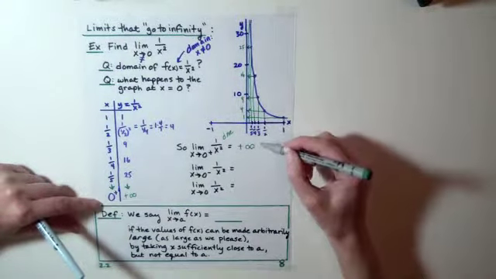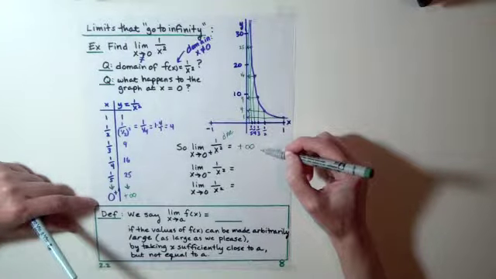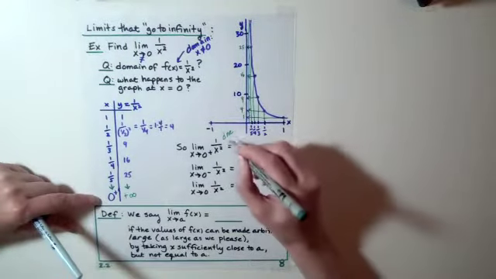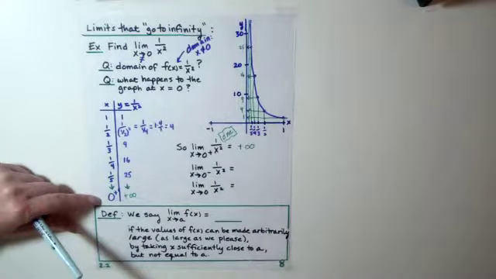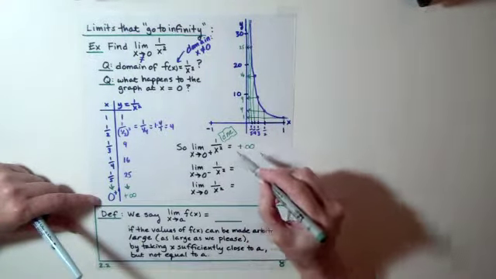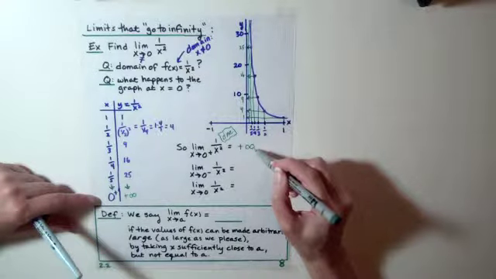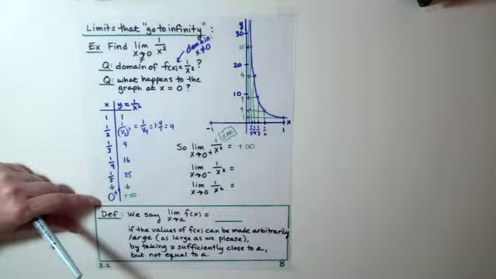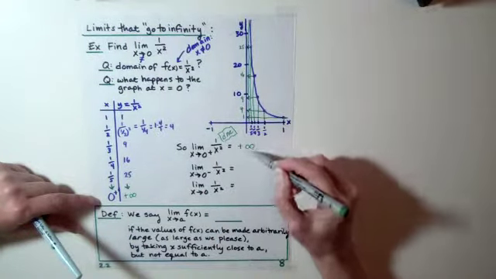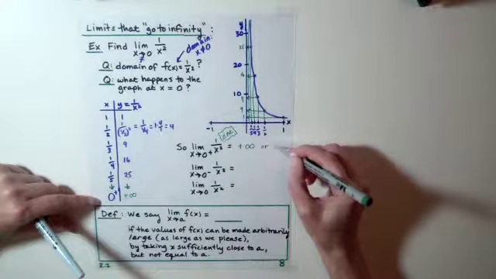Well, what does that mean? Infinity is not a number that you reach. What we are really saying is that the limit does not exist in a very particular way. It doesn't exist because the outputs are getting infinitely large, larger and larger and larger as x gets closer and closer to 0 from the right. So we write positive infinity, or you can also write just infinity.